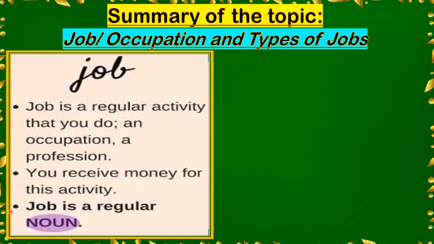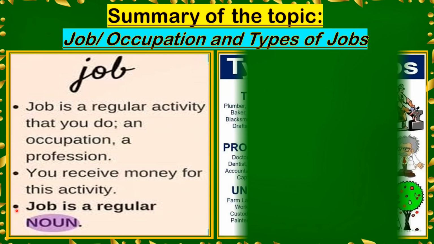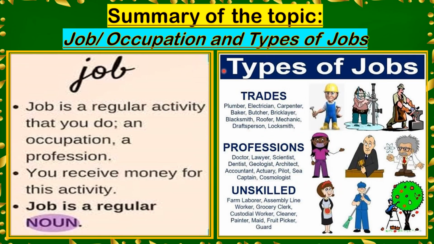So job is a regular noun. There are three types of jobs that we have discussed: trades, professions, and unskilled. All types of jobs are very important, and they are equally important, class, because they have a specific responsibility that they need to do.